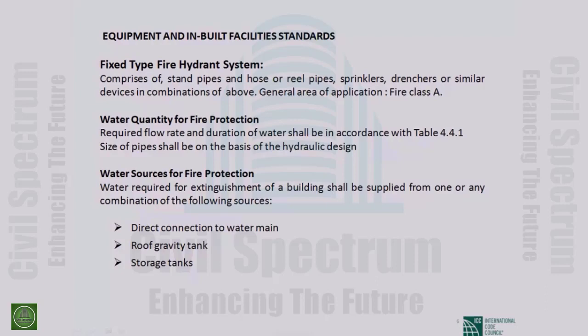To start with the hydrant system, you need some water which must be available near to the occupancy. It can be a hydrant fixed by the local government very near to your occupancy. In the street there is some hydrant from where you can have water.